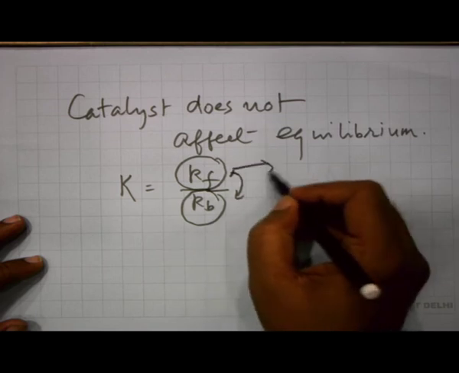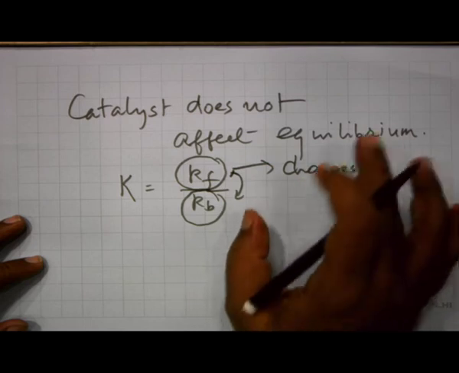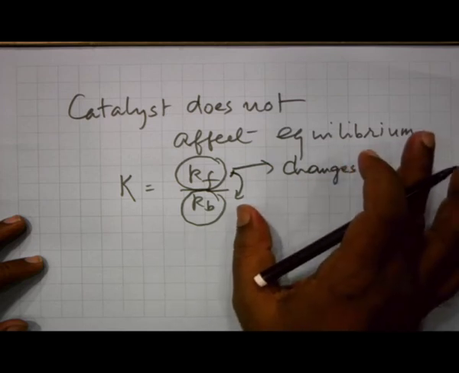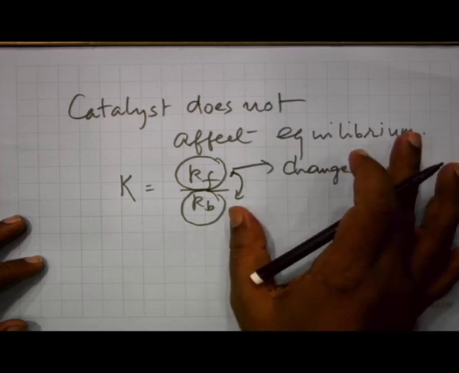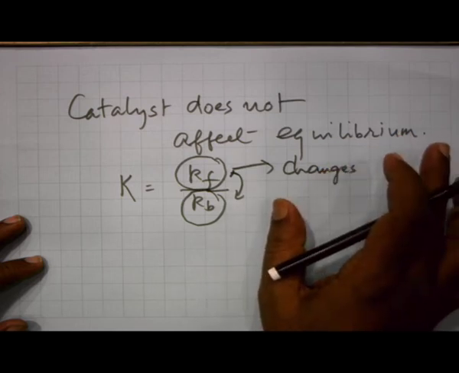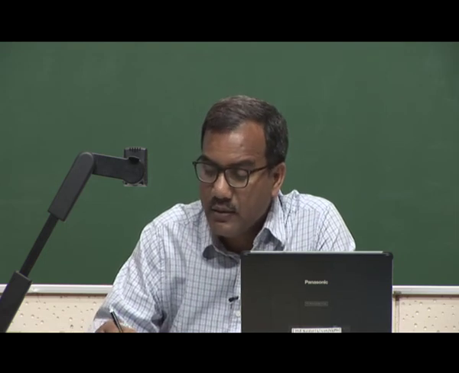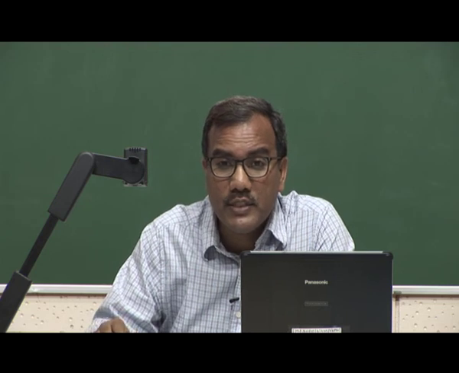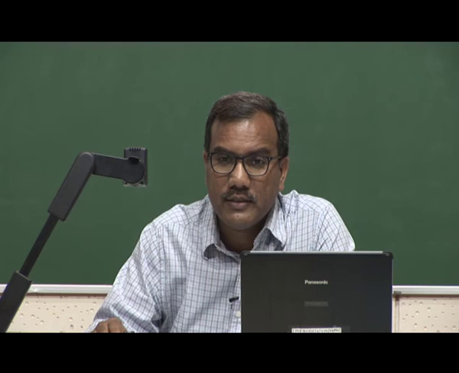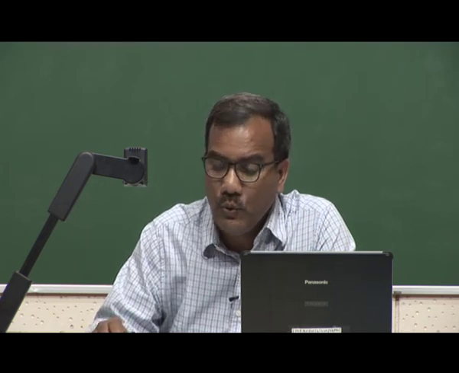Okay. So, Kf changes because activation energy will be lowered, and if activation energy for forward reaction is lowered, it means Kf will increase. But catalyst also decreases activation energy of the reverse reaction, and so Kb also increases.